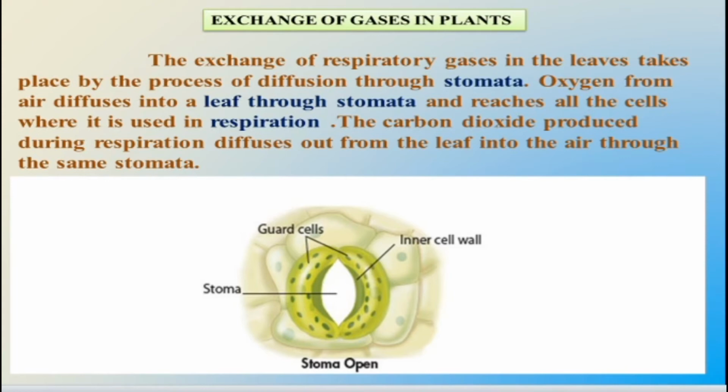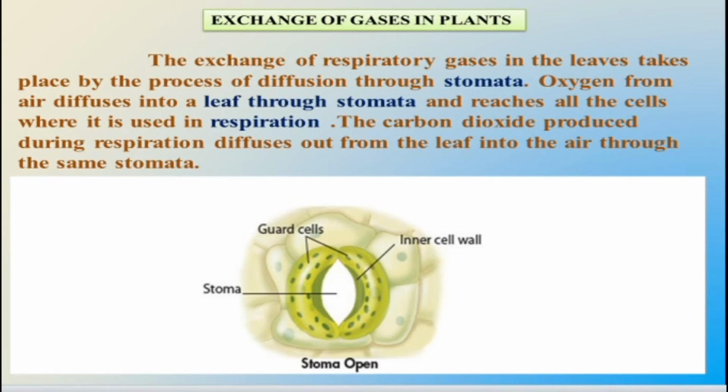Oxygen from air diffuses into a leaf through stomata and reaches all the cells where it is used in respiration. The carbon dioxide produced during respiration diffuses out from the leaf into the air through the same stomata.